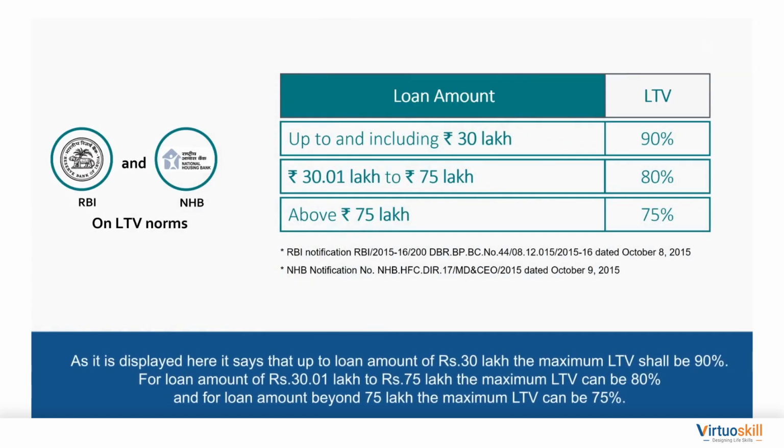As it is displayed here, it says that up to loan amount of Rs 30 lakh, the maximum LTV shall be 90%. For loan amount of Rs 30.01 lakh to Rs 75 lakh, the maximum LTV can be 80%, and for loan amount beyond 75 lakh, the maximum LTV can be 75%.